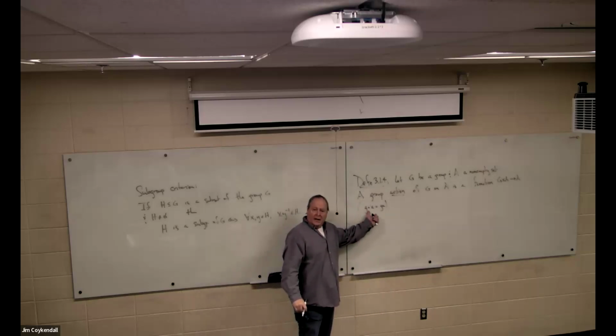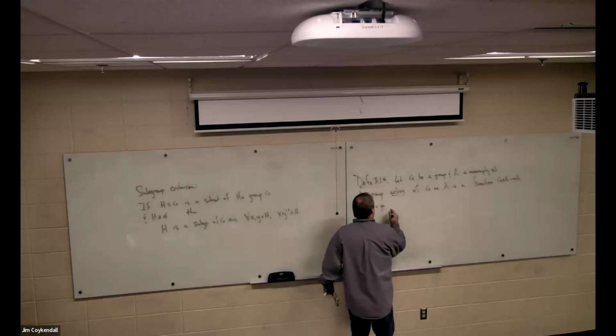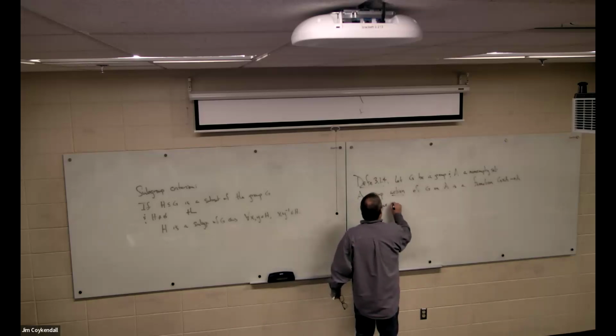So it's sort of like scalar multiplication in a way. Take an element of G times an element of A, and this gives you a new element that's often written GA, which is in the set A.